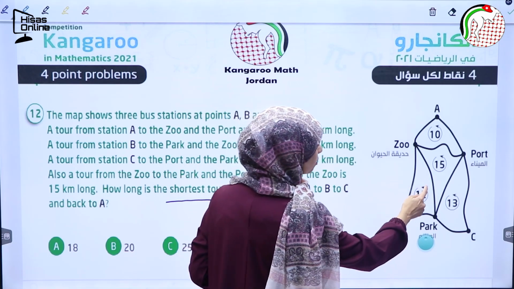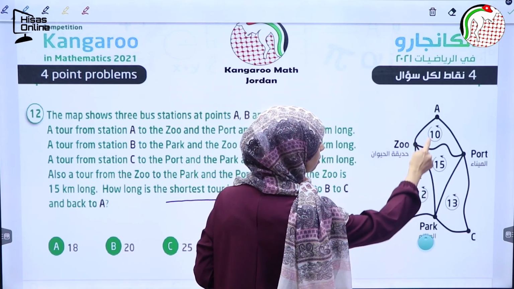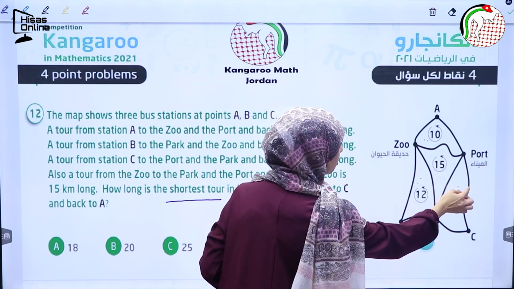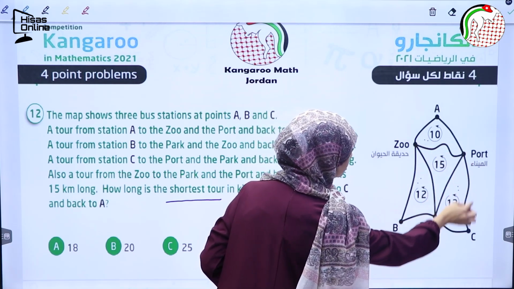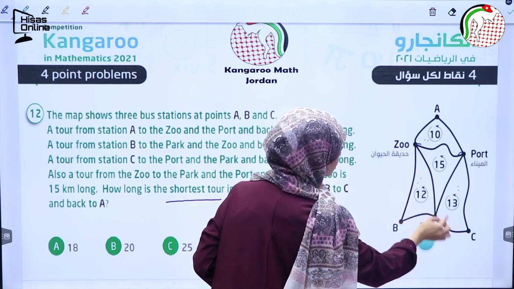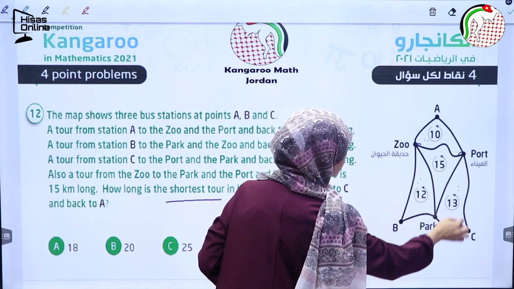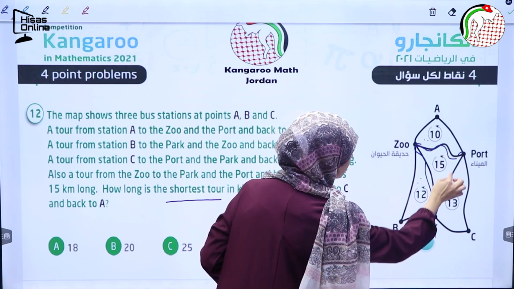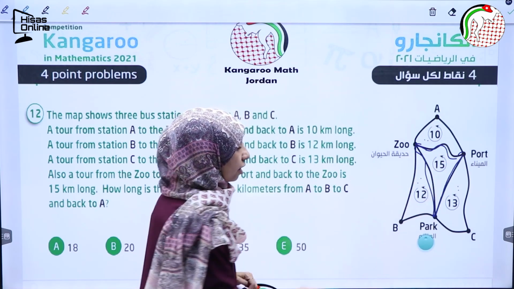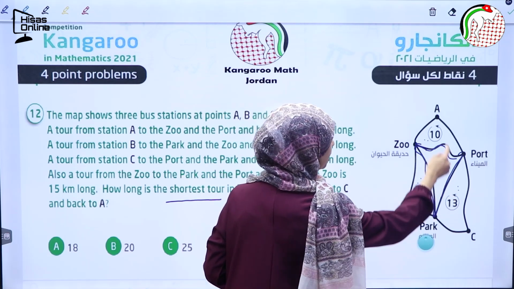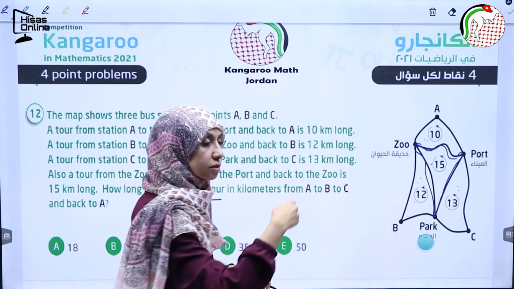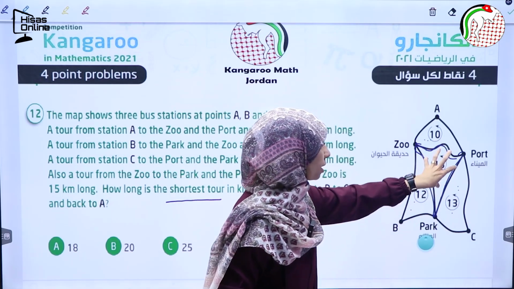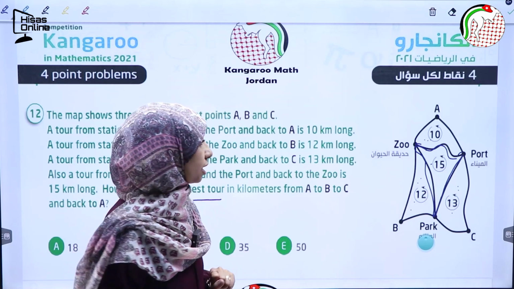I can add this to that. So I have the whole distance like this, moving like this, or moving like this, including the inner part. If I want to exclude this, I can add the 3 lengths of the 3 tours, then exclude the inner dimension.